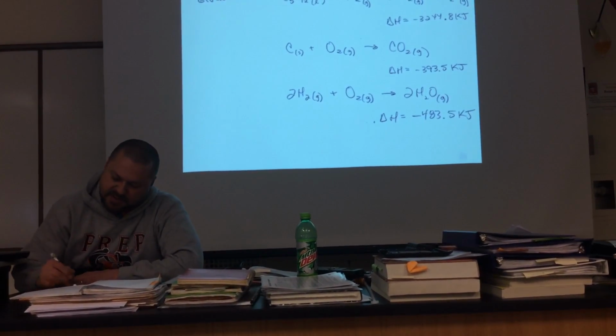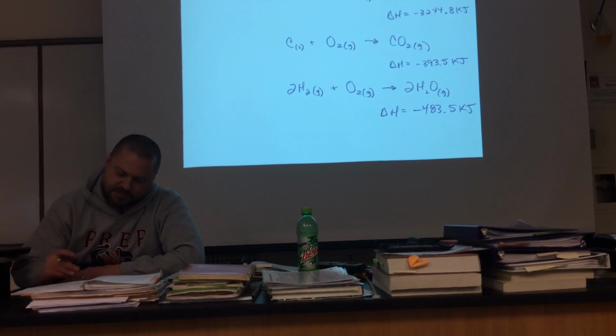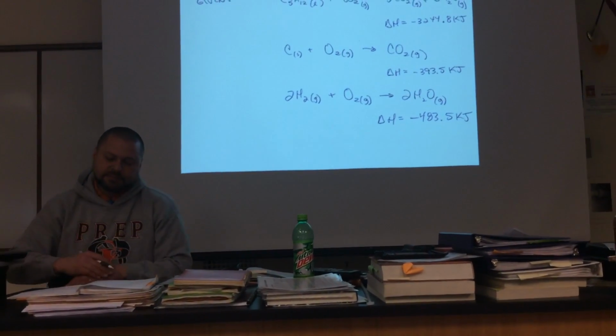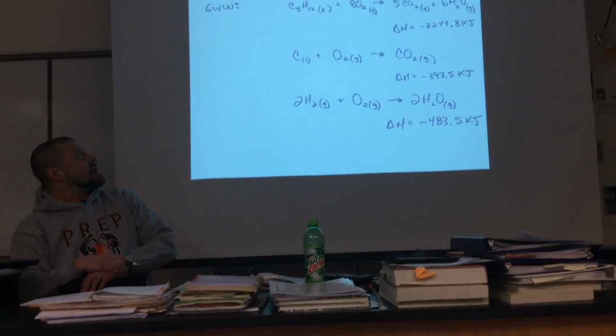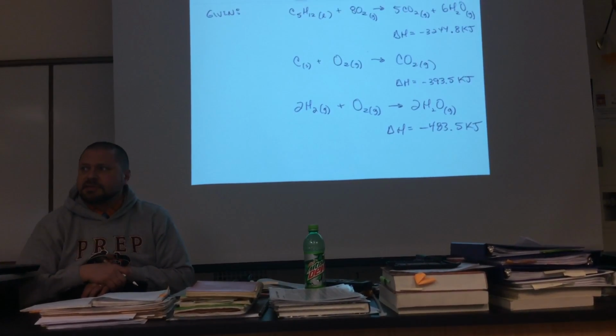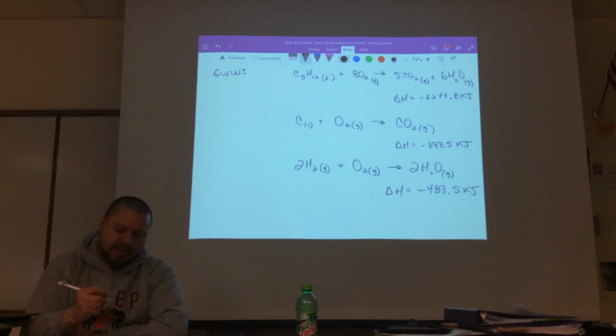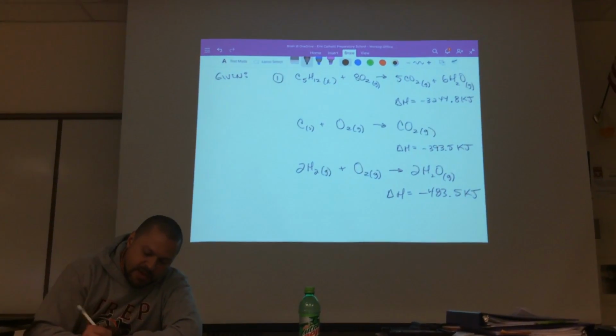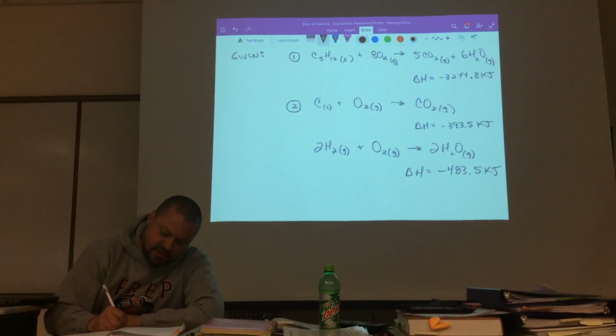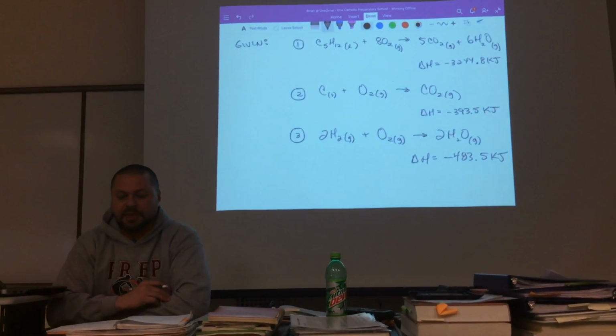Okay, so I've just given you a bunch of information. The first thing I would do is number my equations so I can tell them apart. You can letter them, call them A, B, C. I like to call them 1, 2, 3. So I'm going to call that equation 1, that equation 2, that equation 3.